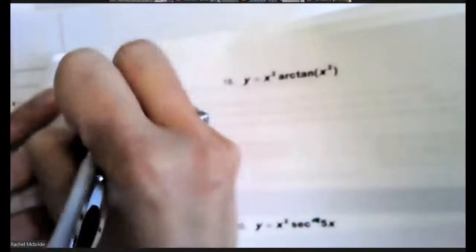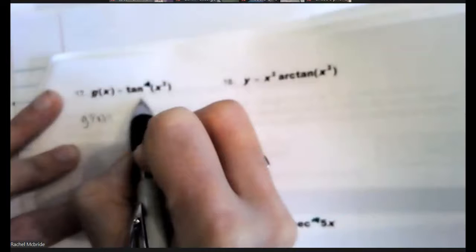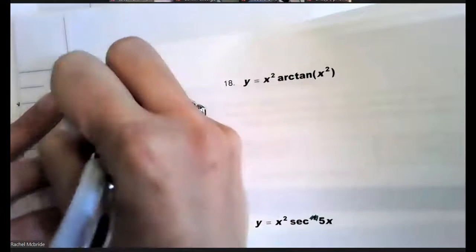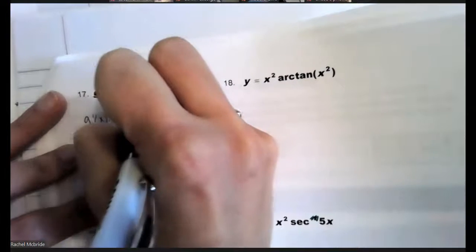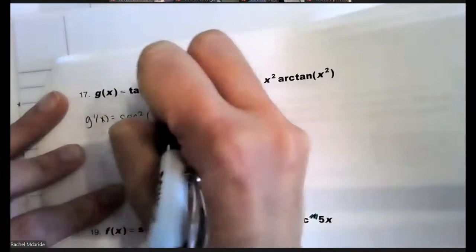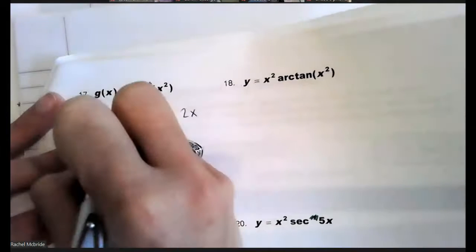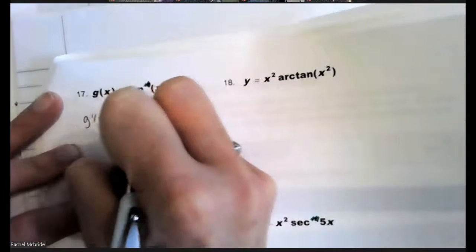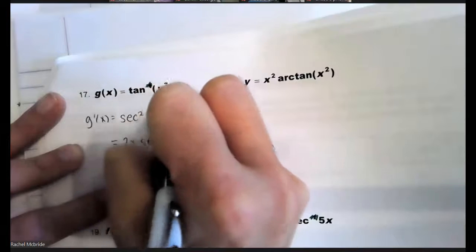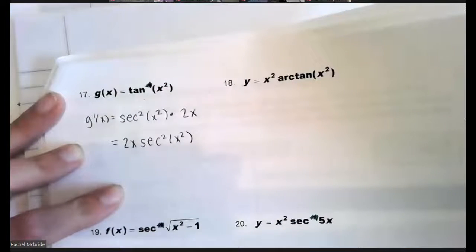And up at the top, we have 17. So again, start by taking the derivative of tan. So derivative of tan is secant squared x squared. And then you have to multiply by the derivative of the x squared, which is 2x. So you have 2x secant squared x squared.